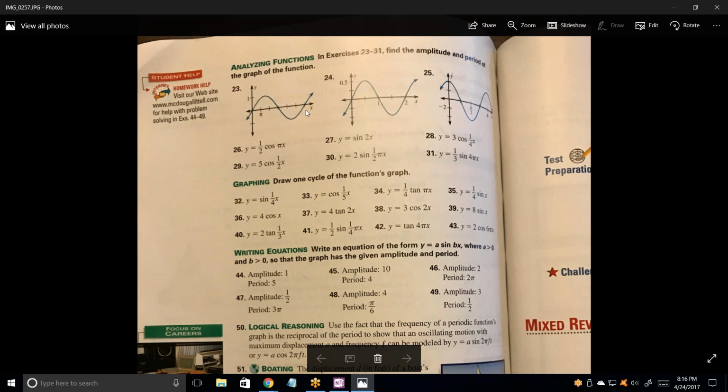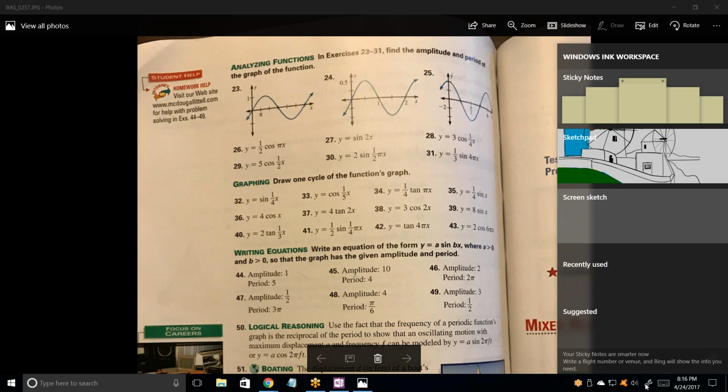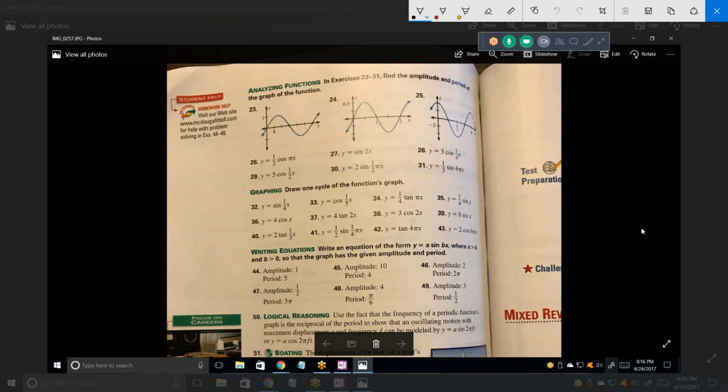Find the amplitude and the period of the graph. Okay. Here's how you find the amplitude. Let me write this. When you are looking at a graph and you're trying to come up with its function, you want to solve for A, for B, for C, and for D. But before I say that, have they given you the full sinusoid?